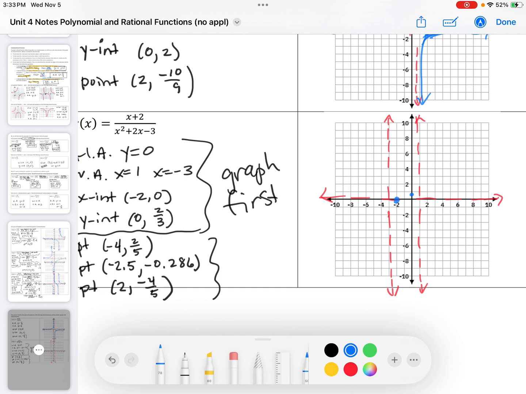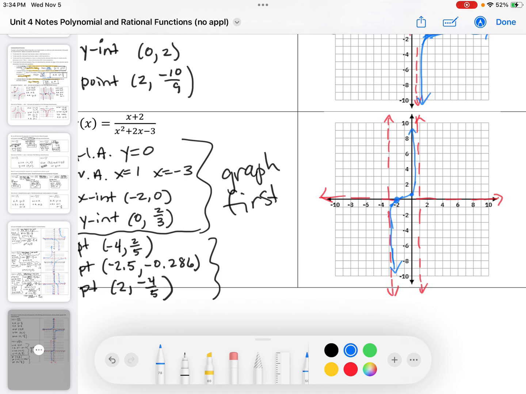And then I needed to know the behavior of that center portion. And so that's where I plugged in -2.5 to know that I was below the x-axis before that x-intercept.